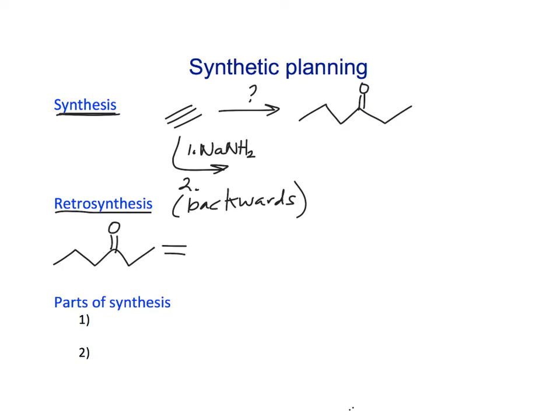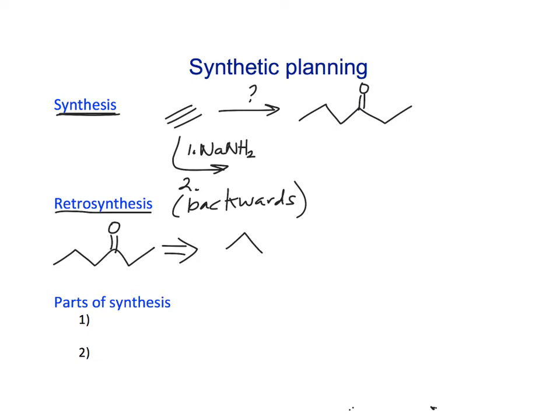So what this would say is that we're going to start with our product, and we're going to draw a different kind of arrow. So this is a backwards arrow, and what we're going to do is ask, what can we make this ketone from? And so far, what we know is that we can make a ketone from an alkyne by a hydration reaction. So we have really two possibilities.